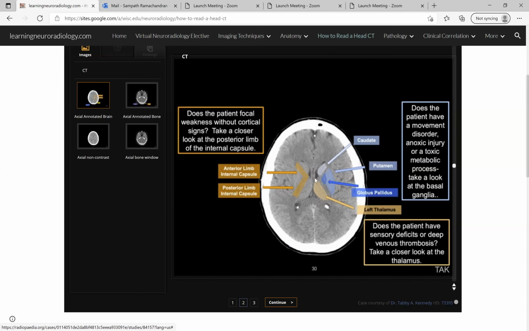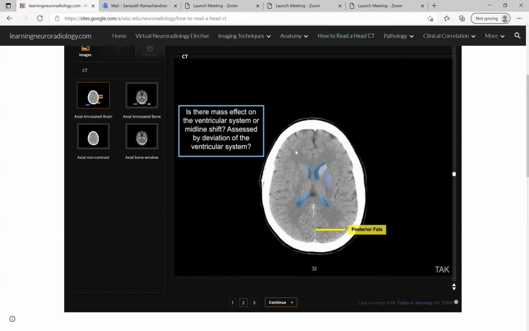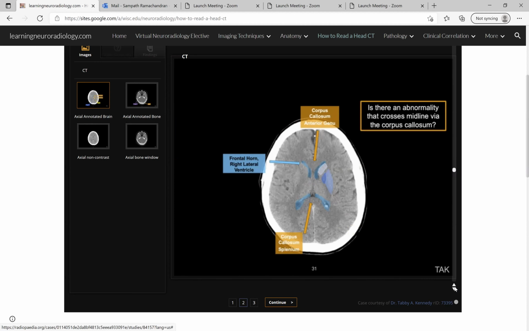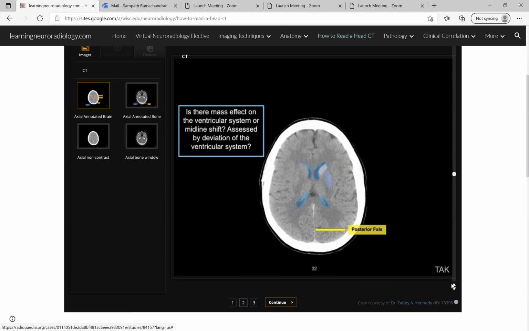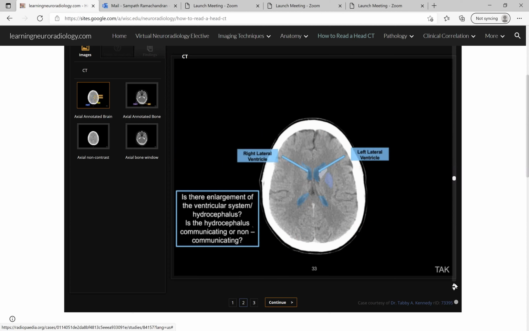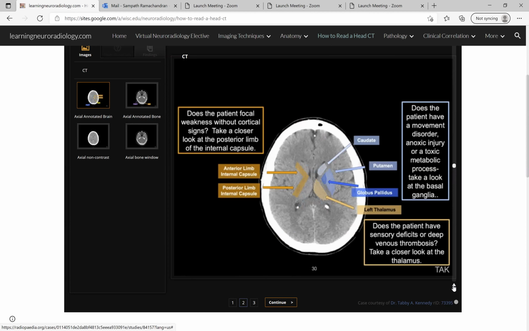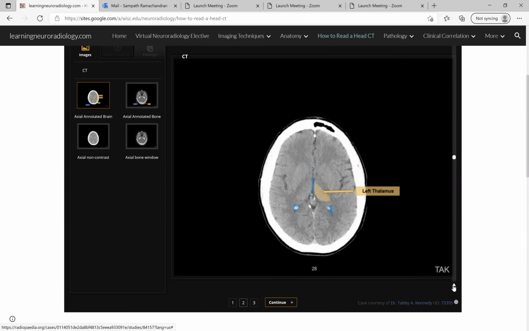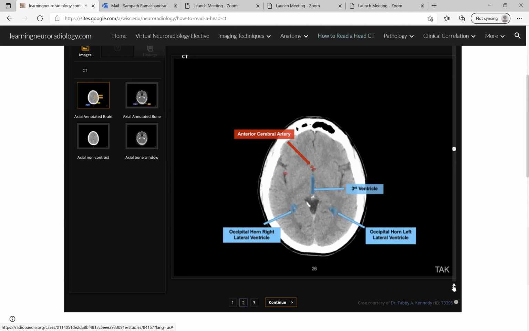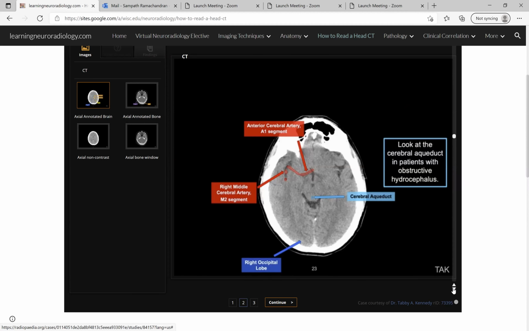Okay, so these are the lateral ventricles. You can see the anterior horn, posterior horn, and then when we go a bit lower, I'm sorry, here we're going the other way.